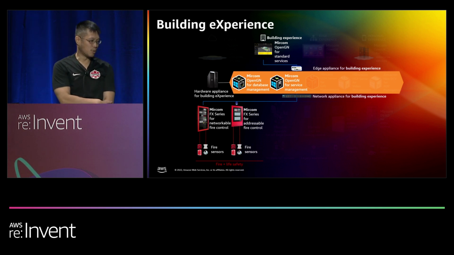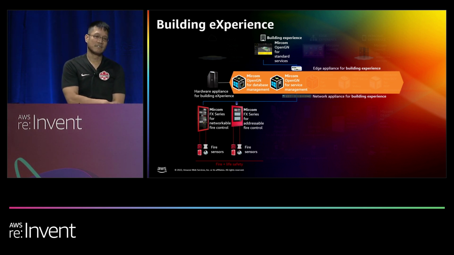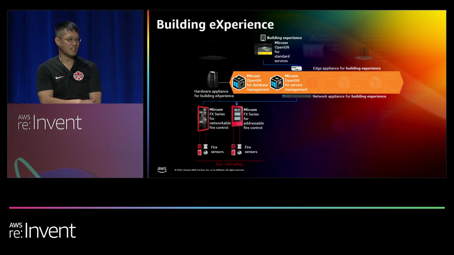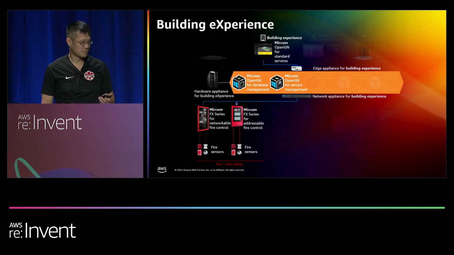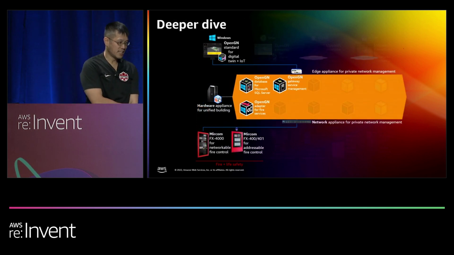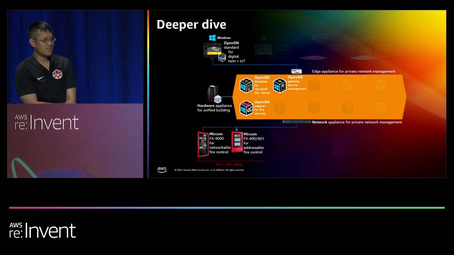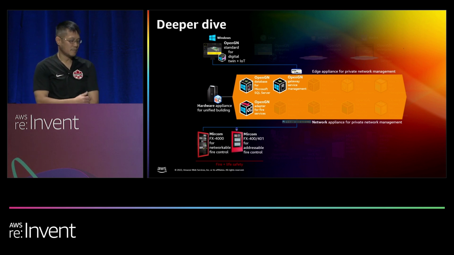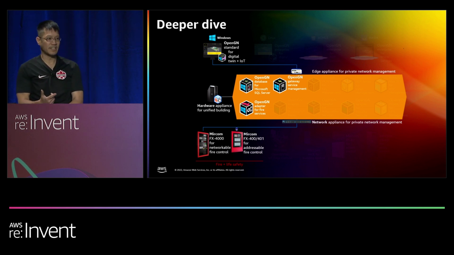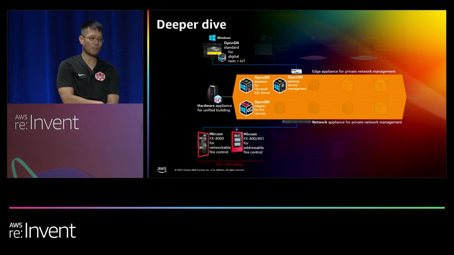Here we also support our fire alarm control panels and our building IoT fire sensors. When we take a deeper dive, we realize that our operational technology is very Windows-oriented: Windows operating system, desktop, database, and hardware appliances.